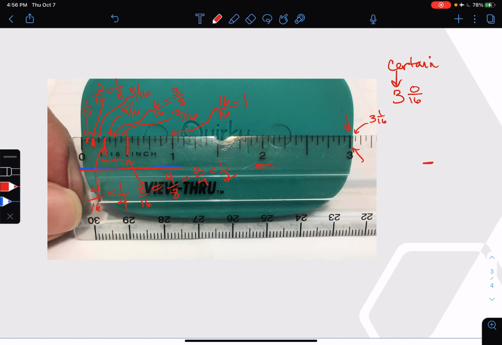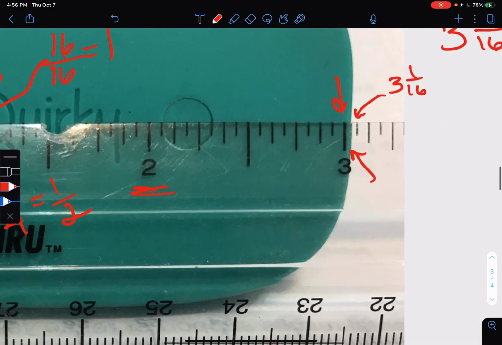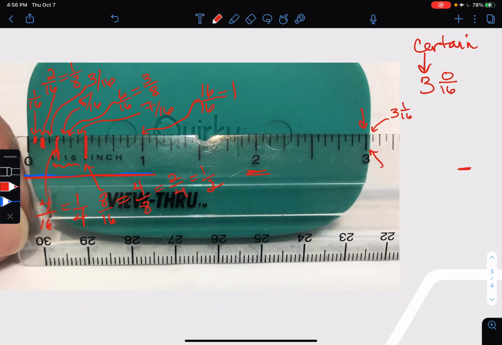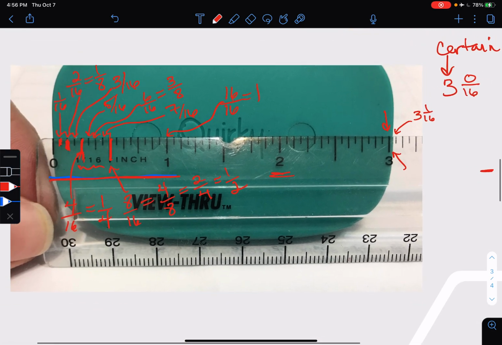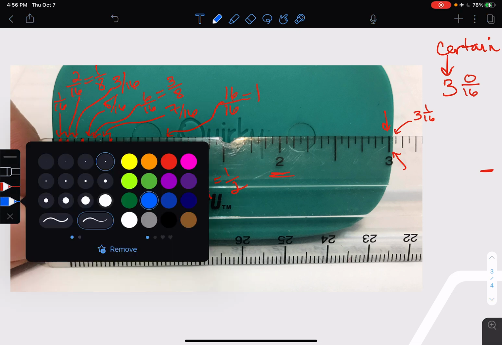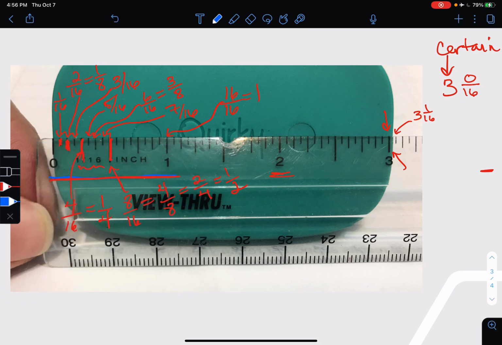That's why it's a guess. And in between 16ths, what on earth is that? Well, I'm going to have to go back over here and point something out. So notice that we have 0 and we have a 1/2 inch right here, okay?